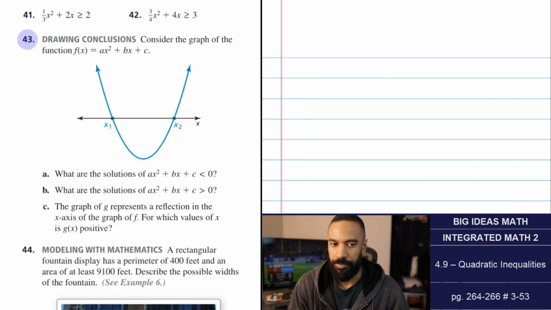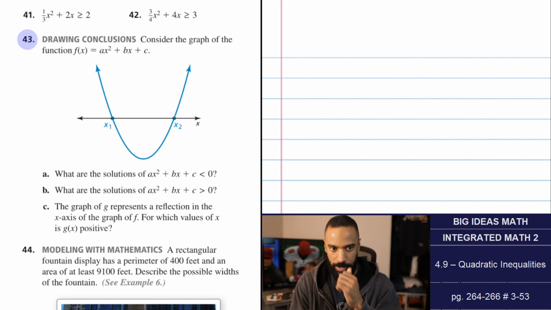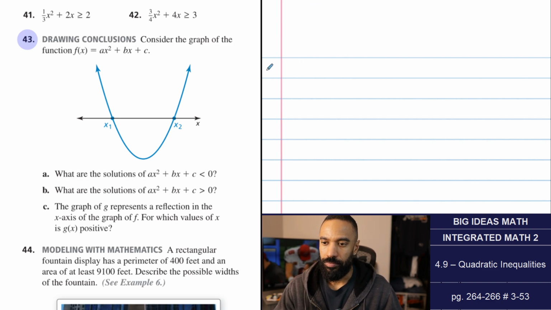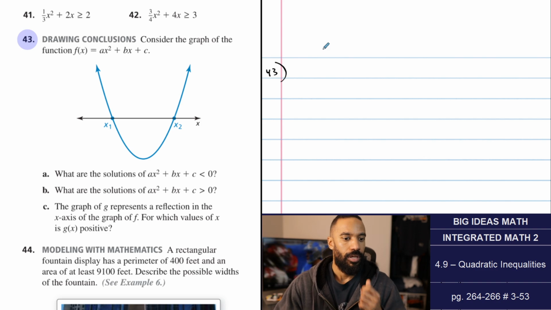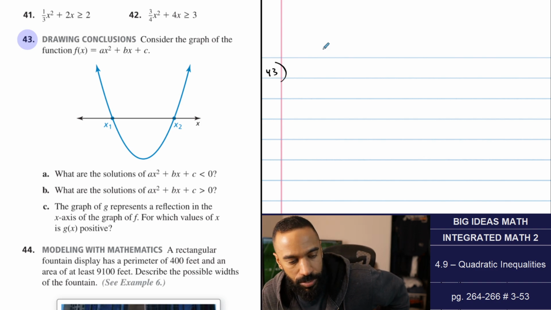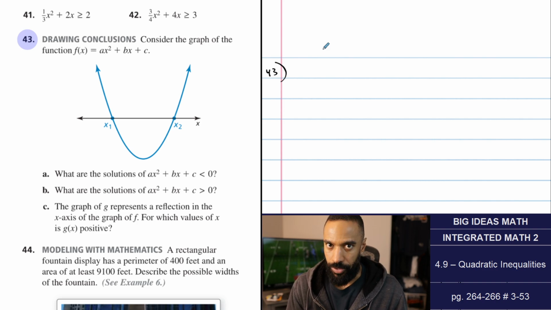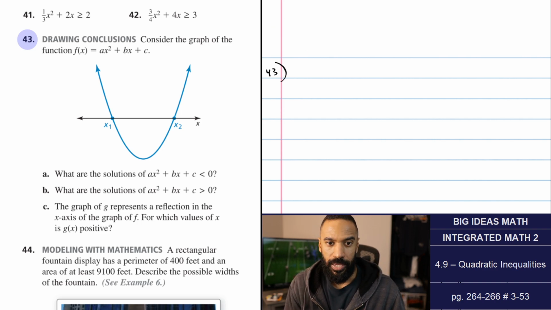Drawing conclusions. Consider the graph of the function f of x equals ax squared plus bx plus c. All right, we don't see any y-axis here, so deal. What are the solutions of ax squared plus bx plus c is less than 0? So we need to be less than, which is underneath the x-axis here.